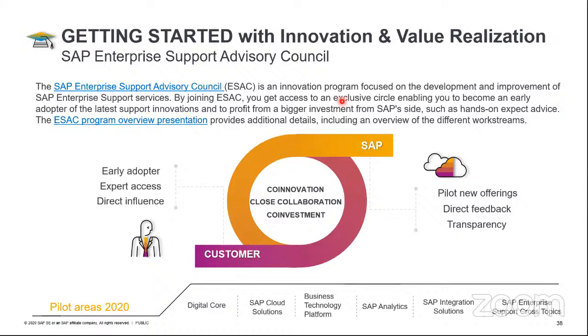The ESAC is your innovation channel for exclusive access to the latest support deliverables and also for influencing the SAP support offerings in a meaningful way. The program is focused on co-innovation and close collaboration. By joining, you get access to the exclusive circle, enabling you to become an early adopter of the latest support innovations and profit from the biggest investment from SAP, such as hands-on expert advice.